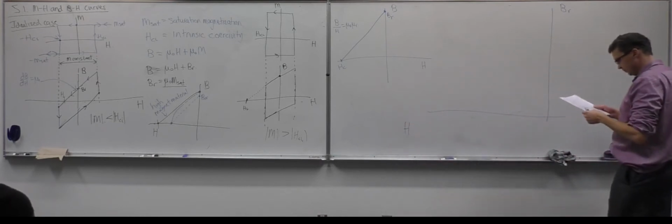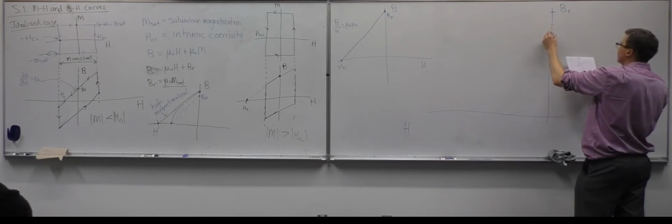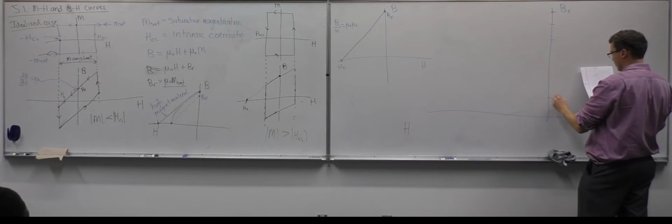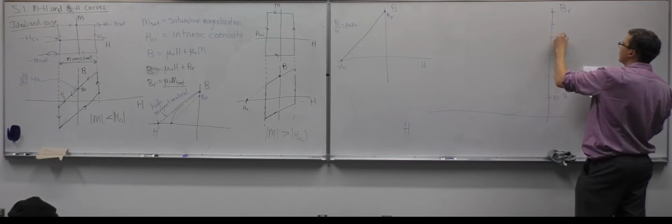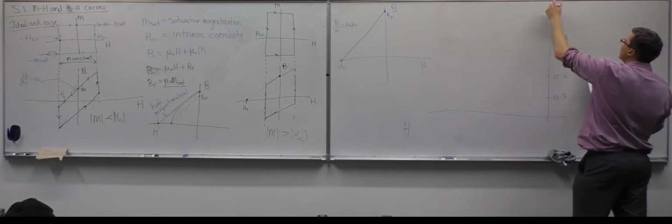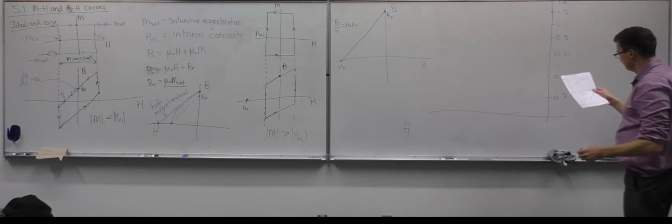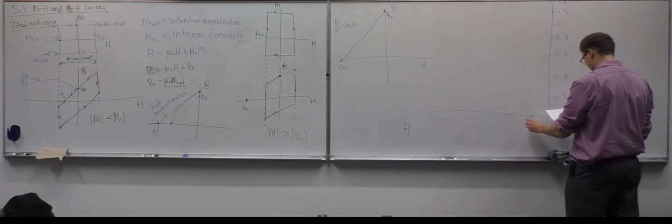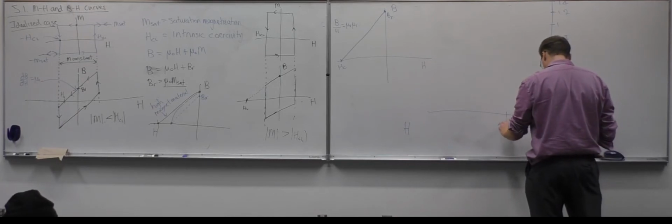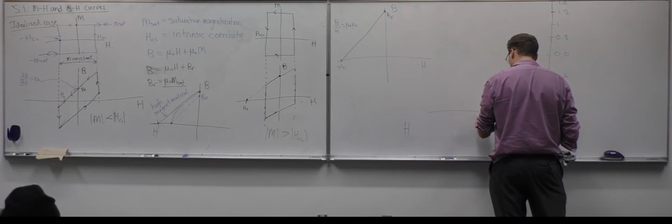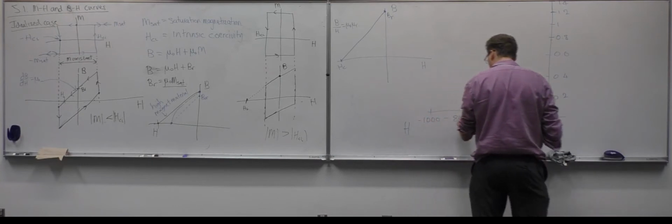So BR and H, and let me see if I can do this somewhat to scale. 0.2, 0.4, 0.6, 0.8, 1, 1.2, 1.4, and then here, 200, 400, 600, 800, 1,000. This is all negative.